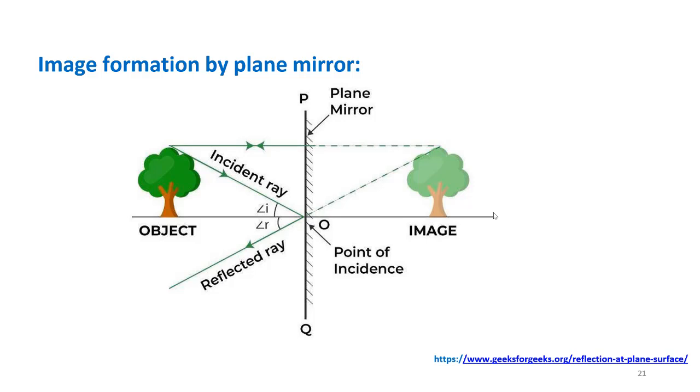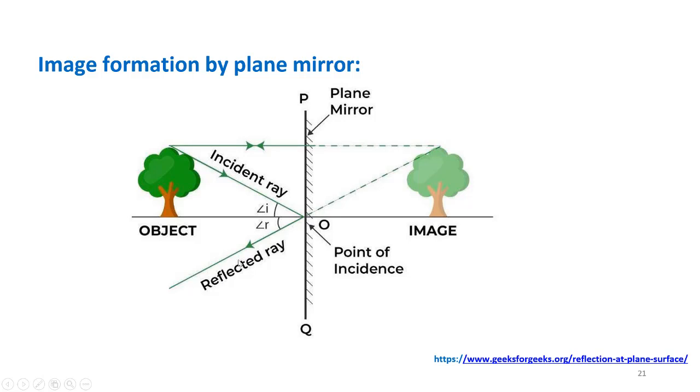Now, how is the image formed? In a plane mirror, we have an object here, and this is the mirror. This is the point of incidence.